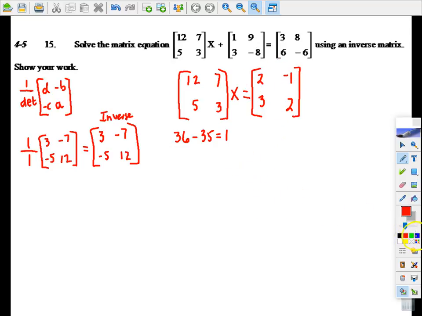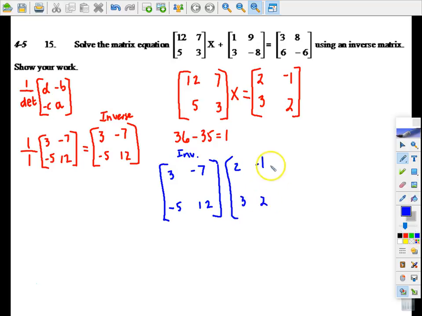But this is very important when you multiply by an inverse, and I noticed on our last test some people forgot this. So keep this in mind. When you multiply by an inverse, the inverse must always be on the left. Okay, notice how my inverse is to the left of this other matrix that I'm multiplying. And that must always be true when you're solving by using an inverse matrix.